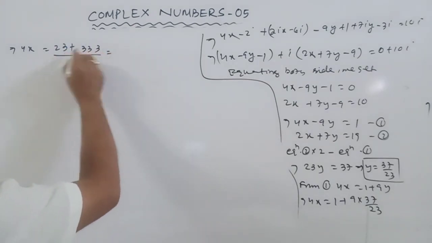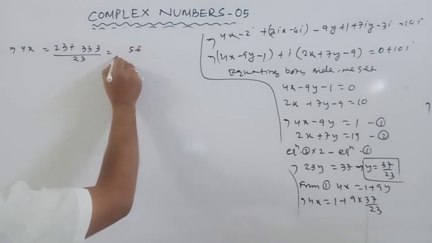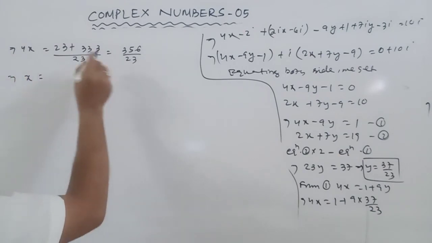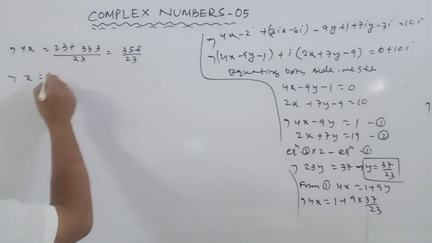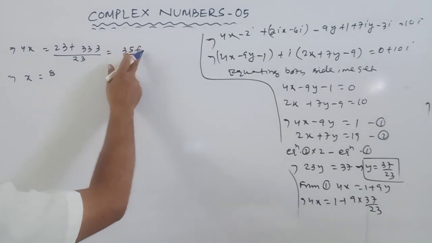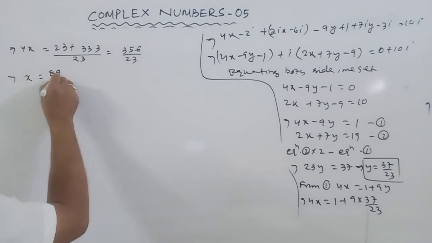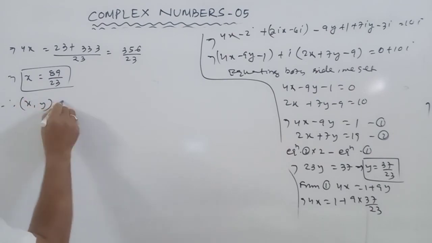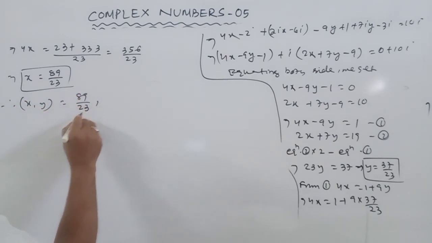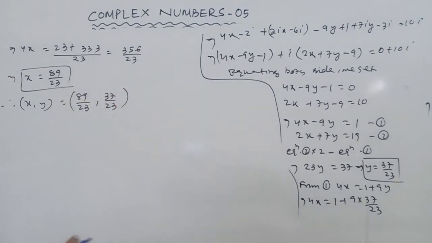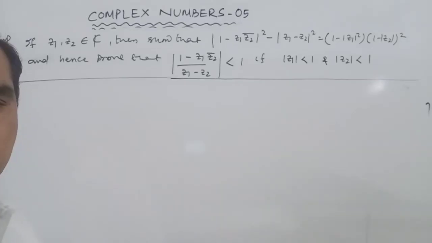So x is equal to 89 by 23, cancelling 4. Therefore (x, y) is equal to (89 by 23, 37 by 23). This is x and y. Okay, next question.